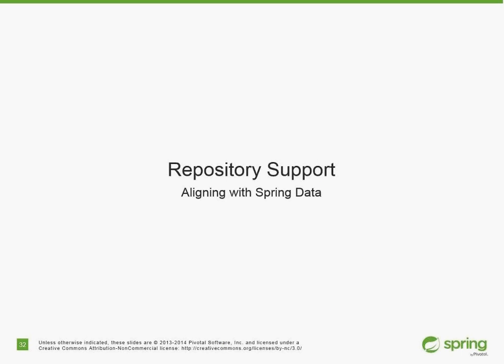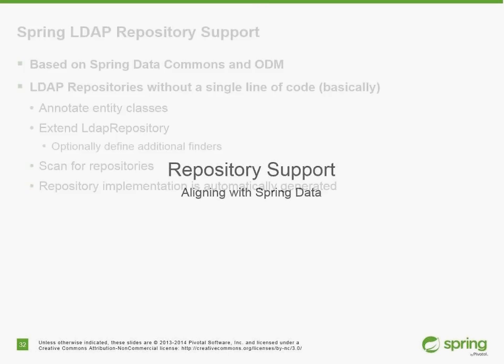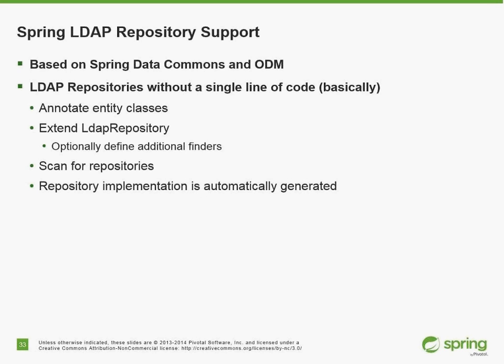Right, so saving the coolest thing for last, the repository support. Spring Data Commons has a very, very good starting point for doing this. So we integrated with that, and together with the object directory mapping feature, Spring LDAP now has full repository support, as is expected from Spring Data projects. That enables you to create LDAP repositories basically without a single line of code.